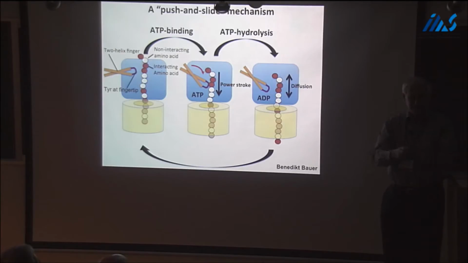So in this case, you have six loops, like the two-helix finger, that interact with the polypeptide chain, but it's very similar. And all these RecA-like ATPases that transport proteins have this aromatic residue at the tip, and they all have the same problem. I believe that SecA doesn't really have a lot of power to unfold polypeptide chains. So these hexameric ATPases generate much more power. That's the major difference.